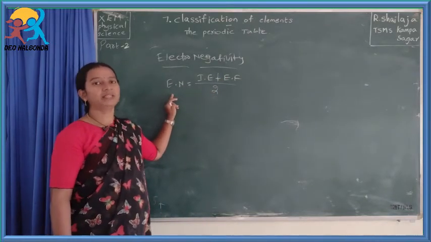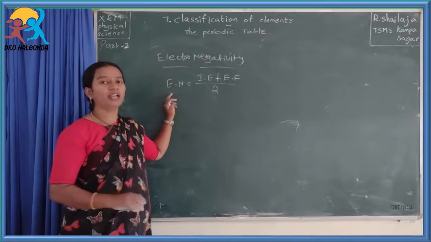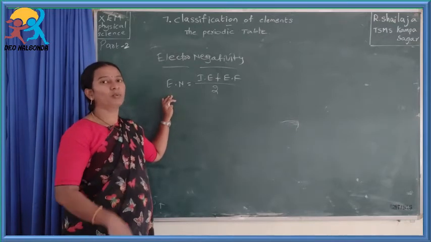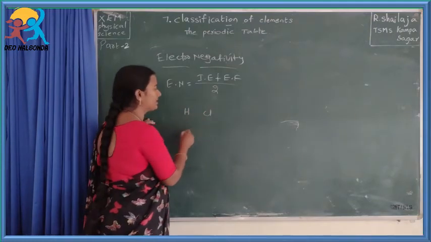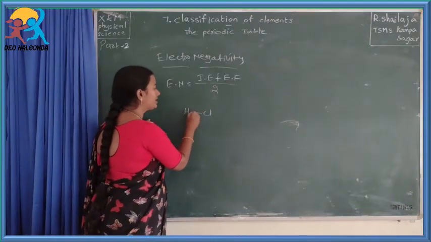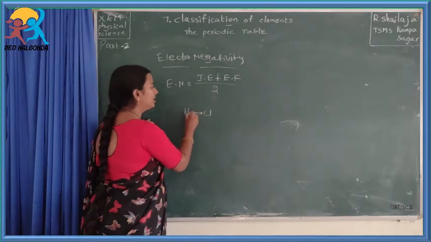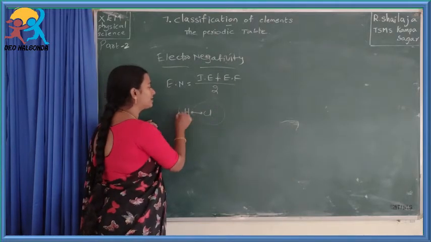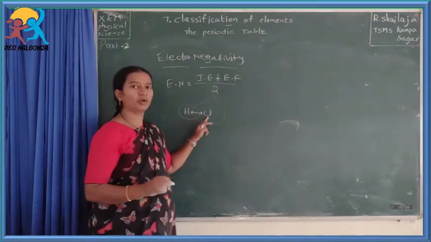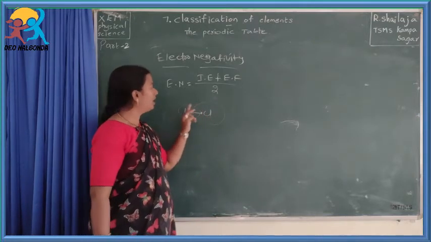What does electronegativity mean? The tendency to attract the bonding pair of electrons; the one that attracts more has more electronegativity. For example, in hydrogen and chlorine there is a bonding pair of electrons between these two. These bonding electrons are more attracted towards chlorine and less attracted towards hydrogen, because chlorine has more electronegativity than hydrogen.